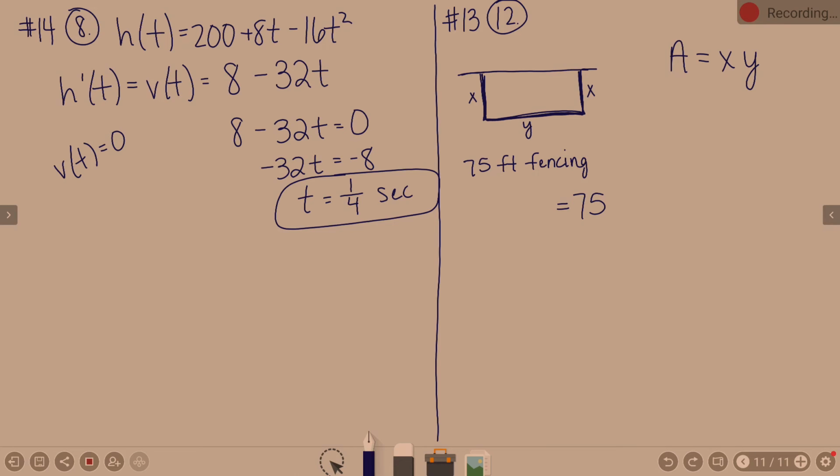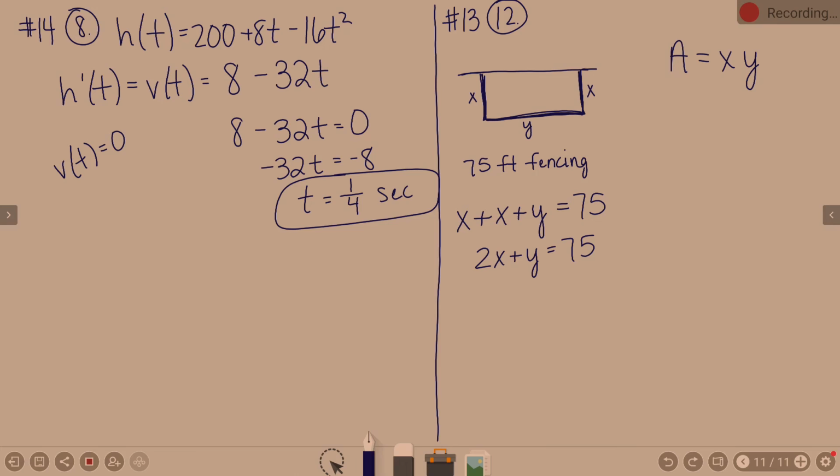So that perimeter is x plus y, if you will. I don't know why I just wrote that as x plus x. I really should have said 2x plus y is 75. So right there, there's my connector. That is my equation that connects x and y.